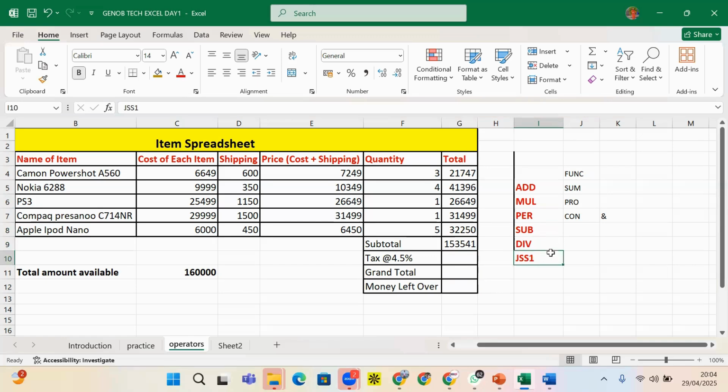Starting from this tax, we first calculate from the subtotal, tax, grand total, money left over. I was just watching pictures to get how we got here. It's my problem. It's okay, I understand. All right, let's start again.